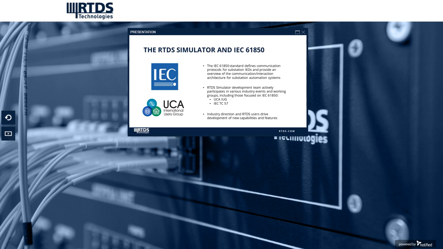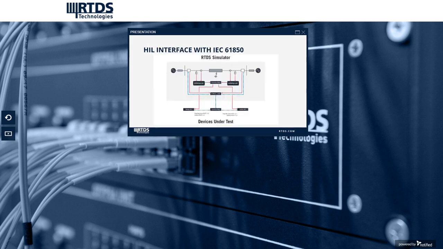This diagram shows a typical test interface for protective relays via IEC 61850 with the Rtds simulator. So in the gray box, we have a very simple simulated network, including sources, a line that can be faulted, circuit breakers, and instrument transformers.